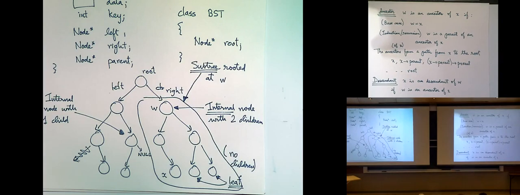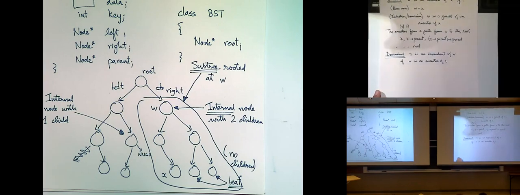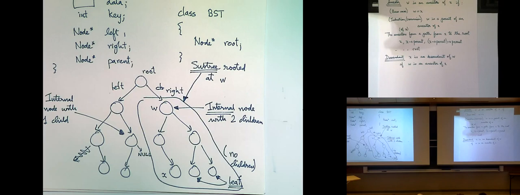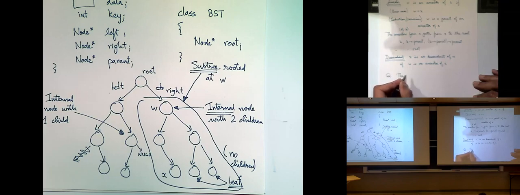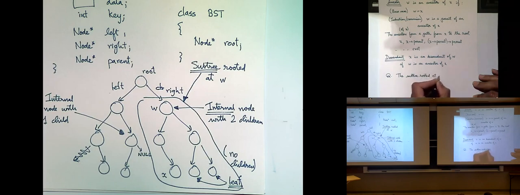Okay, so just to check that you're all following what I'm saying, I'm now going to ask you a question. The question is, the subtree rooted at a node W involves all ancestors of W, all descendants of W, or both.